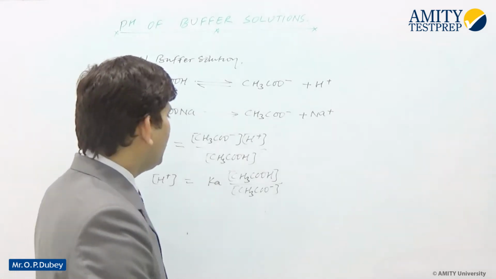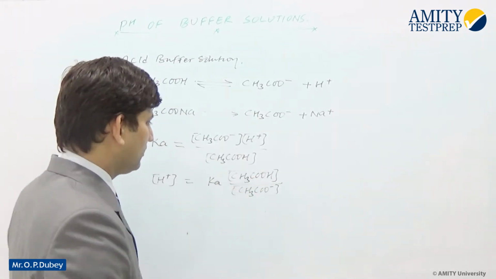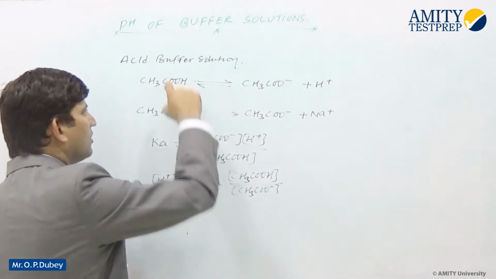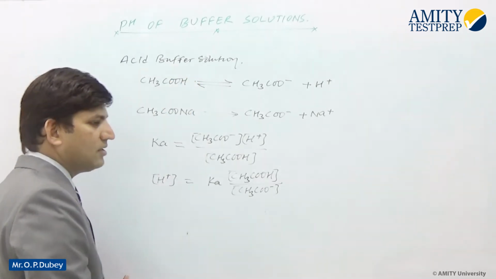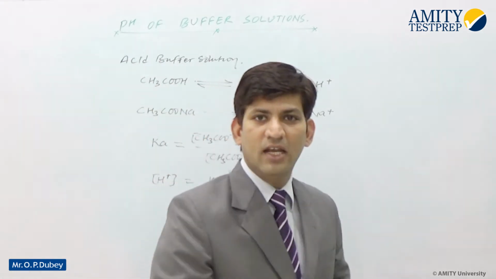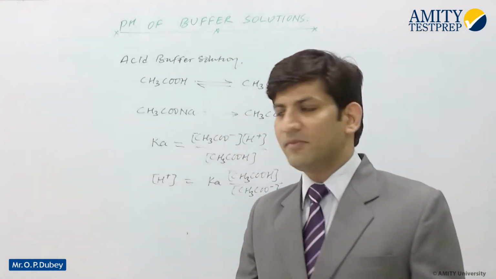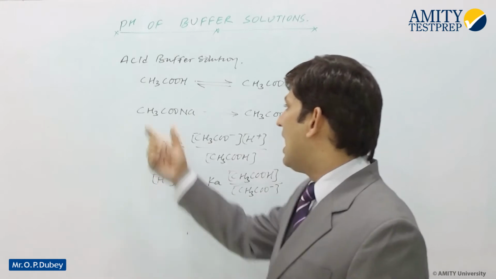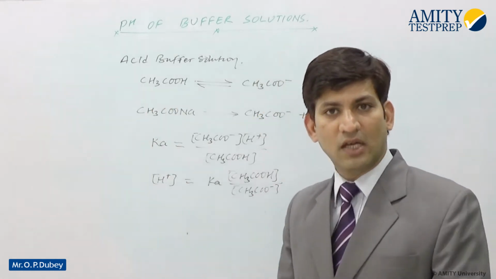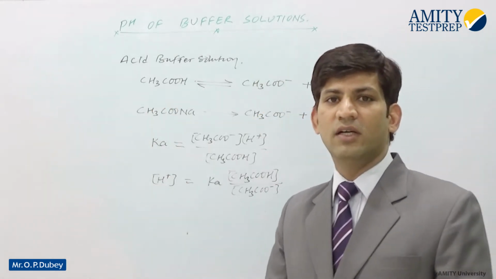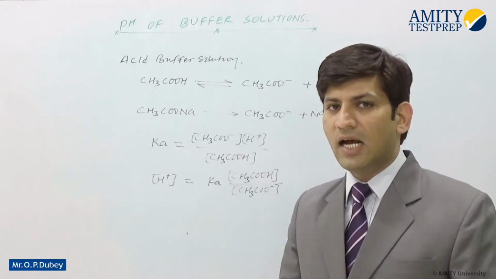In the mixture, the acetic acid present is equal to the concentration of the acid initially present in the mixture, because it is a weak electrolyte and ionizes to a very small extent. That means the concentration of the acetic acid present in the solution is nearly equal to the initial concentration of the acetic acid.